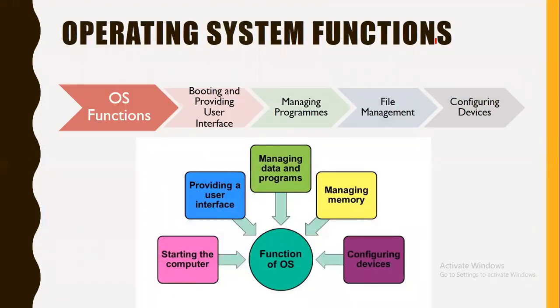Here are some functions that are performed by the operating system. There are many functions that are performed by the operating system, but according to your book, number one, the operating system is used to boot and provide the user interface.